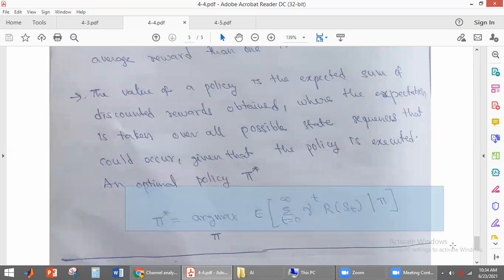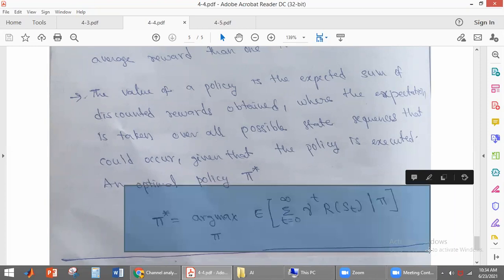What is our aim here, students? Our aim is to find the utility function of a state sequence. What is a policy here? The policy will give you the different states the agent is visiting by executing the policy. To measure the quality of a policy, we find the expected value of the discounted reward of the states the agent is visiting.